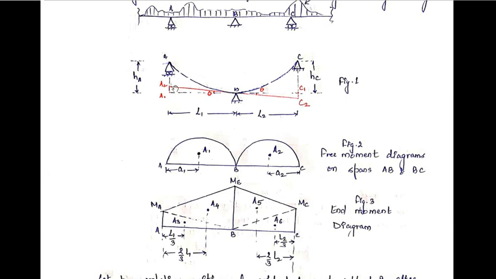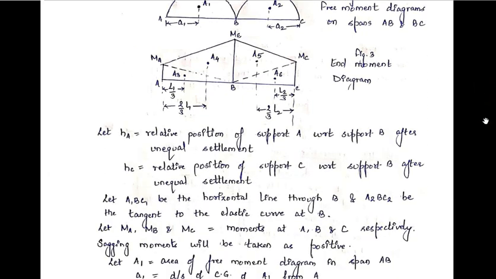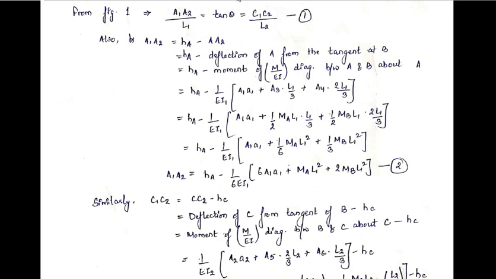So I can write A1 A2 upon L1 equal to tan theta equal to C1 C2 upon L2, because the values of tan theta are equal. Let's take this as equation number 1.